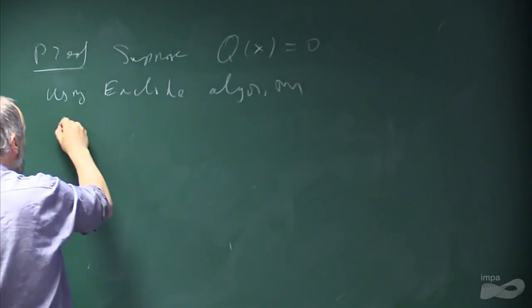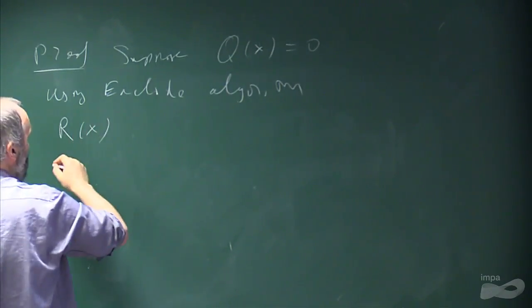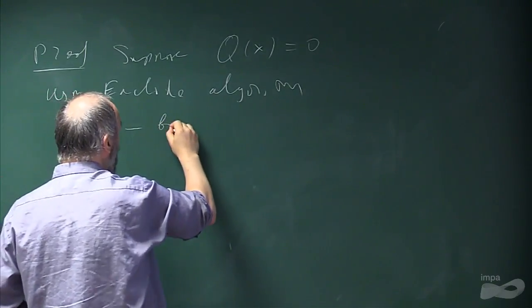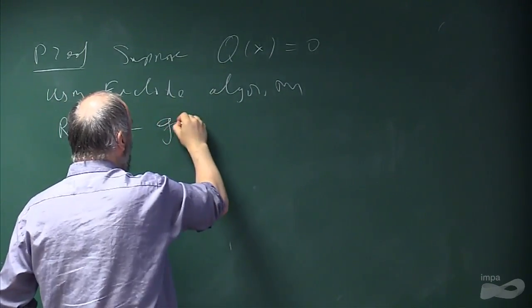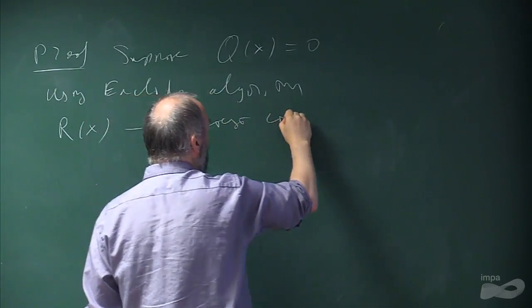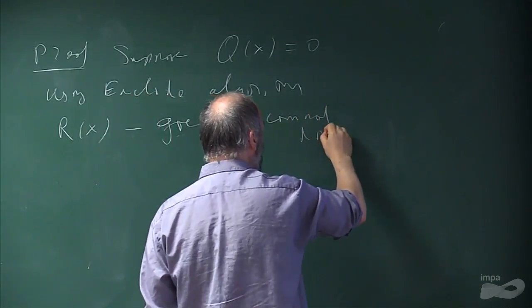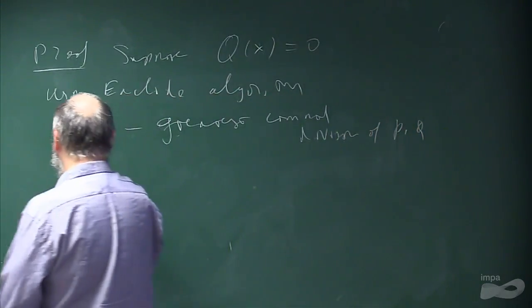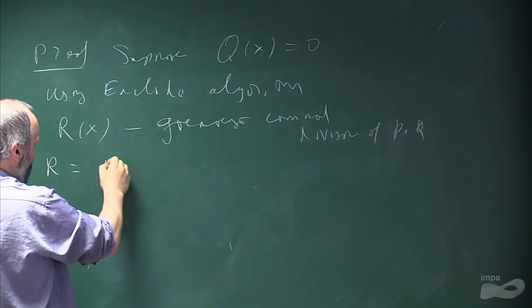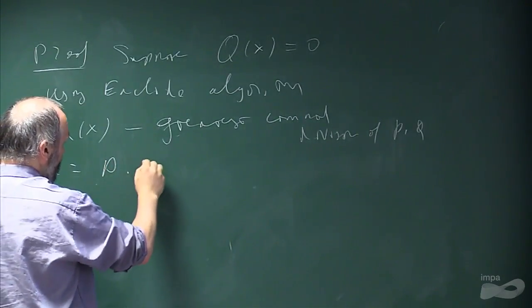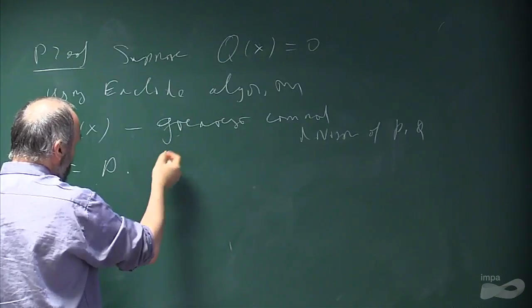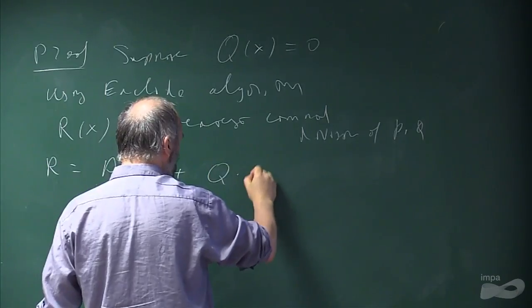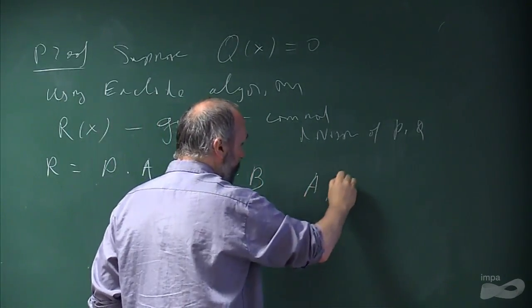Using Euclidean algorithm we obtain R, the greatest common divisor of P and Q, and R is P times A plus Q times B, where A and B are polynomials.